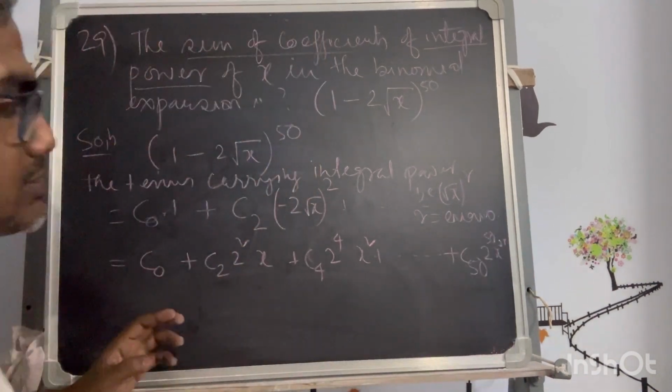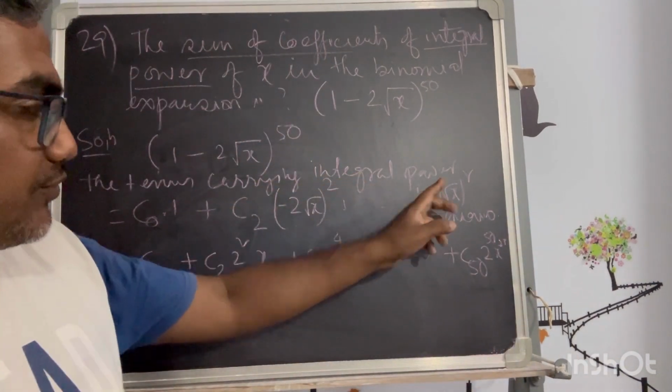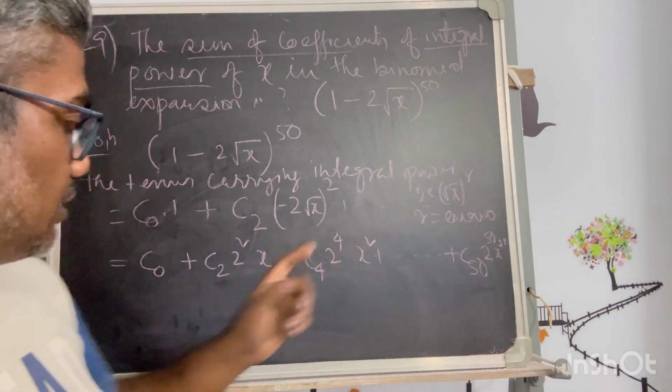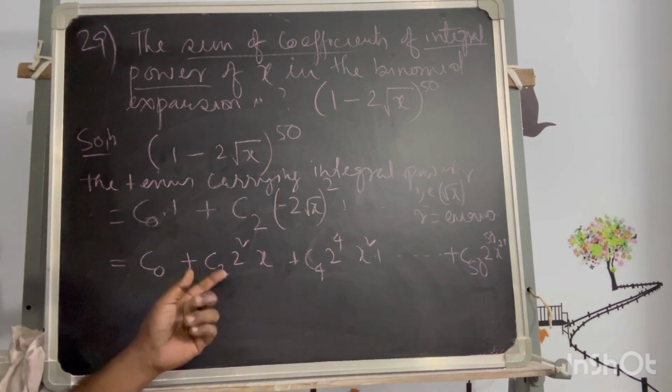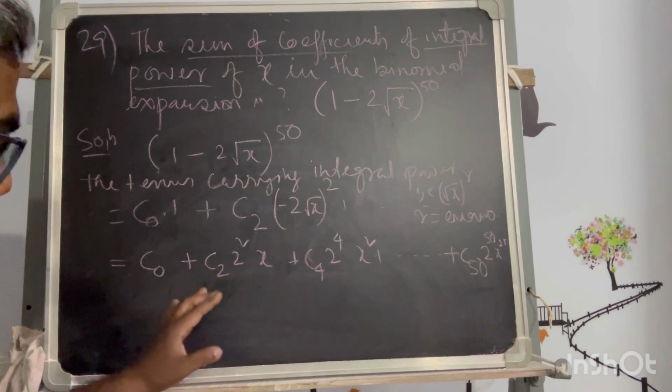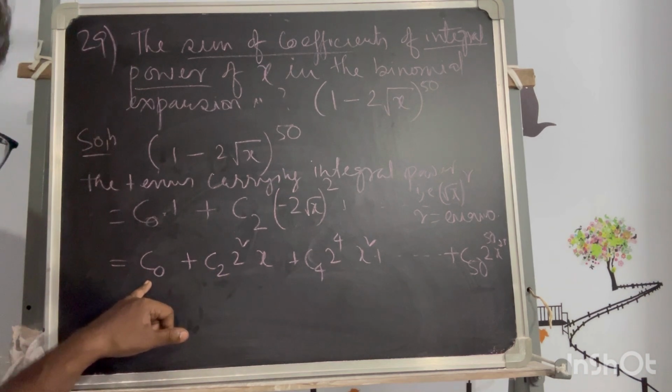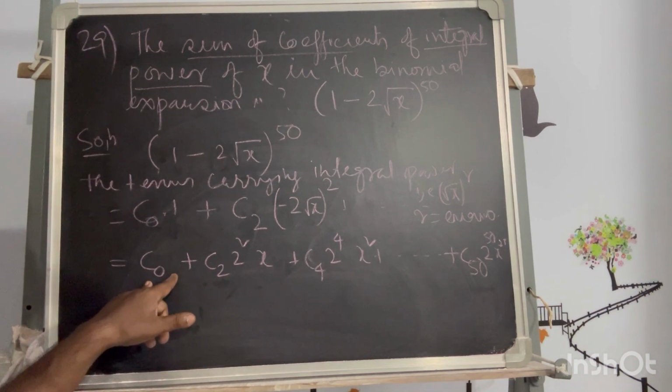This is the case where I will get the integral power of x. So r will be even, except 0, all the odd terms. So this also will be included because it is automatically freeing x.